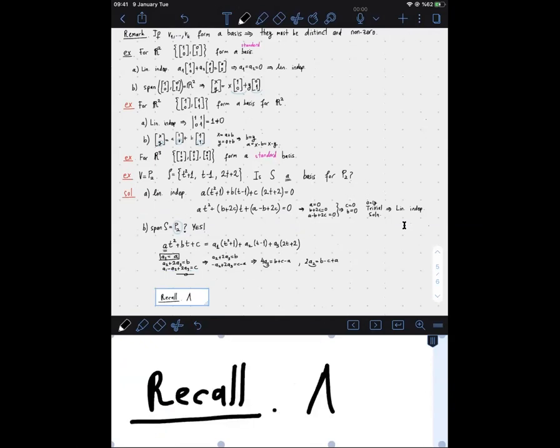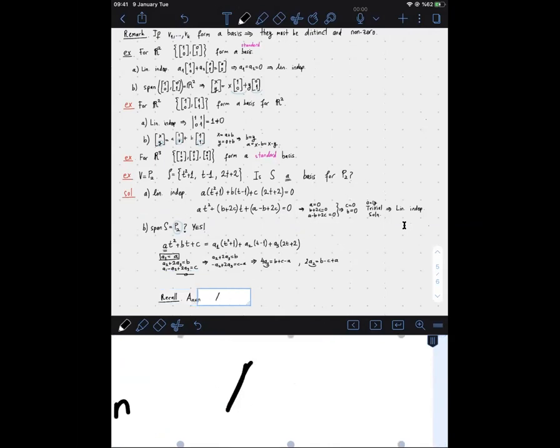Suppose A is an n by n matrix, and we are considering the equation AX equals B. Then we can always solve this equation for X in terms of B if A has an inverse.